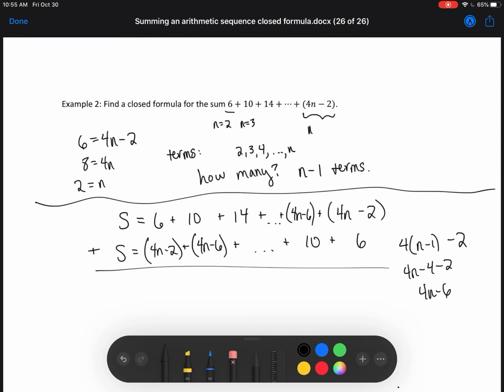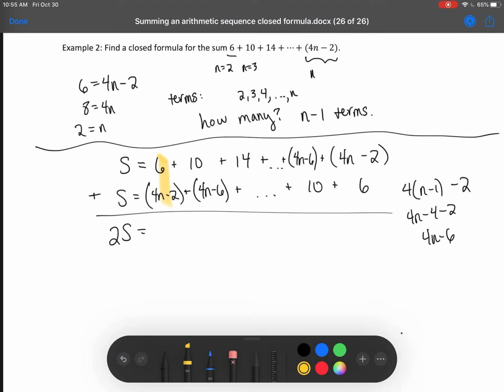All right. So remember, we have the sum s written in 2 different ways, and then we're trying to add vertically. Okay, so adding the left-hand side vertically gives us 2s, right? S plus s is 2s. And then here we have 6 plus 4n minus 2, or maybe we would normally write it like this: 4n minus 2 plus 6 is, of course, 4n plus 4.